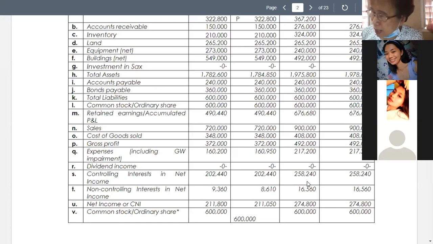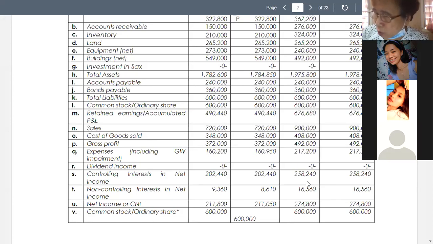We have now your letter S and then letter T. How did we get 9,360? 9,360 is the result of multiplying 6,800 by 20%. What is 6,800? That is the difference for the non-controlling interest.